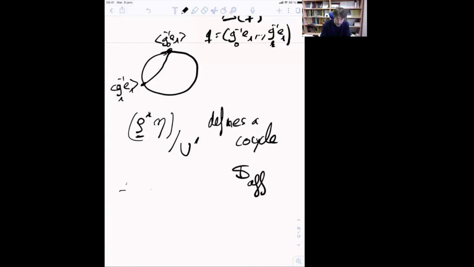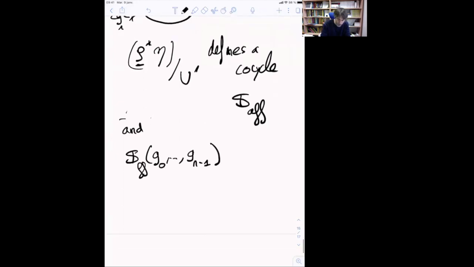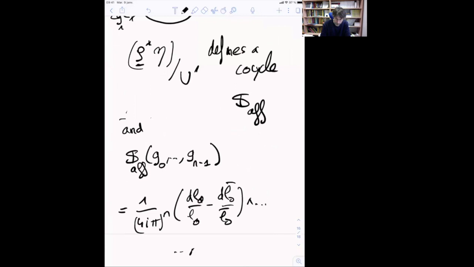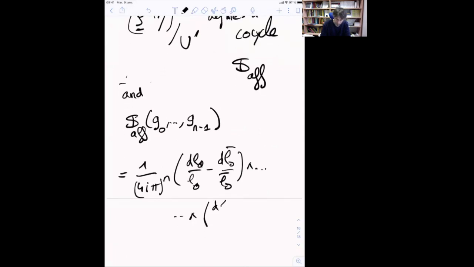And the corollary of the previous computation: S affine of G0 up to Gn minus 1 is precisely equal to 1 over 4 pi i n (dL1 over L1 minus dL0 over L0, dL0 bar over L0 bar) wedge up to (dLn minus 1 over Ln minus 1 minus d...).